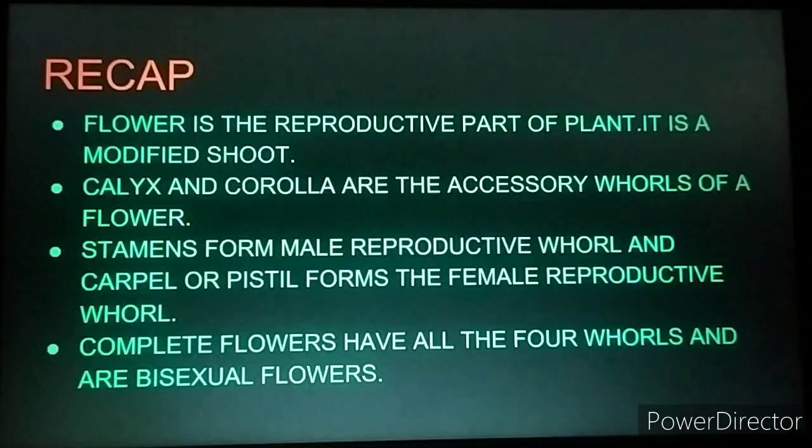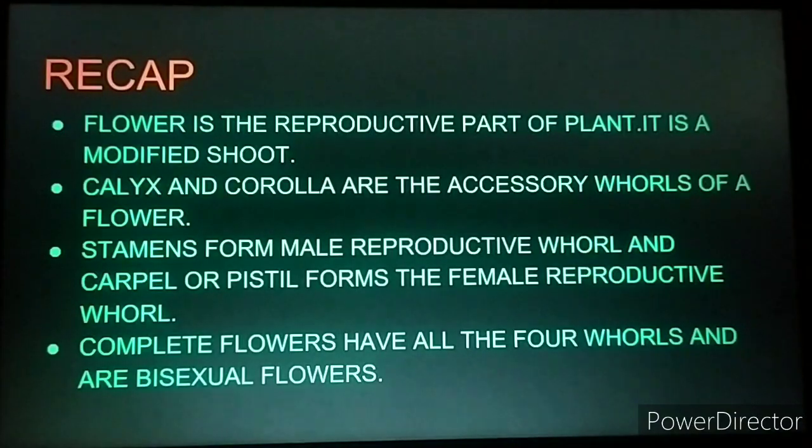Let's recap what we have discussed today. We have discussed that a flower is the reproductive part of a plant. It is a modified shoot. Then we have discussed that calyx and corolla are the accessory whorls of a flower. And we have also discussed that stamens form the male reproductive whorl, whereas carpel or pistil forms the female reproductive whorl. Then we have discussed complete flowers.